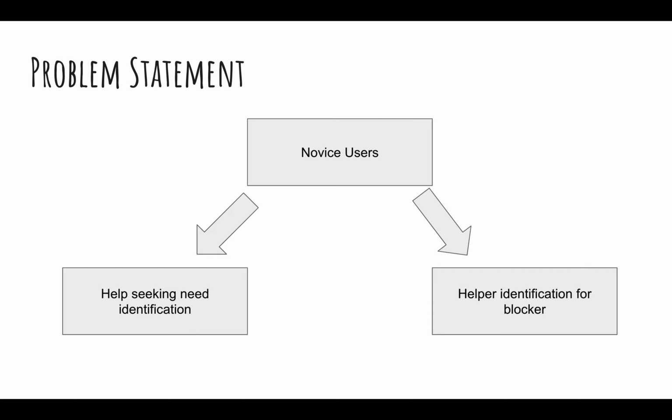And lastly, for helper identification, a lot of novice users lack awareness of specific experiences and expertise of helpers in the community. For example, someone needs help with, let's say, identifying qualitative measures in a study design.